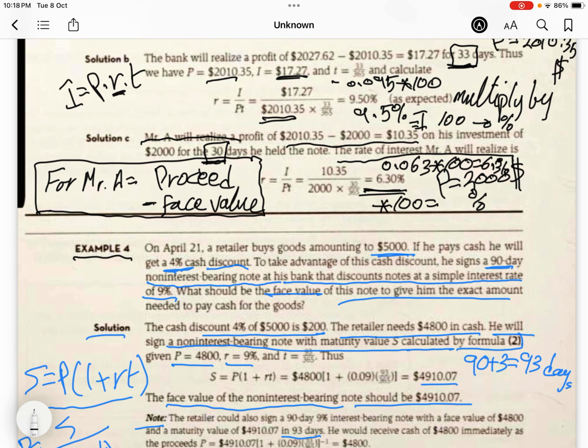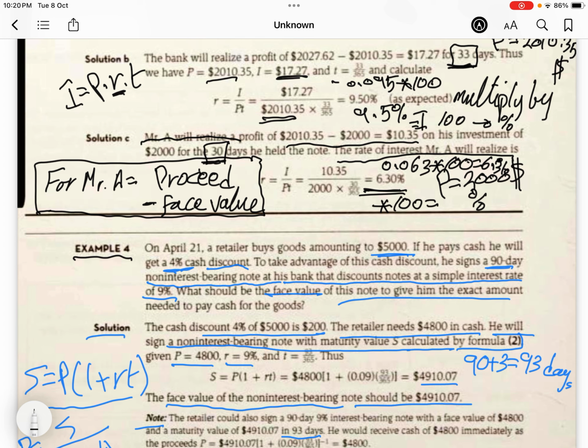Example number 4. On April 21, a retailer buys goods amounting to $5,000. If he pays cash, he will get a 4% cash discount.